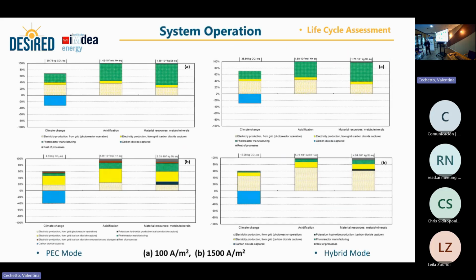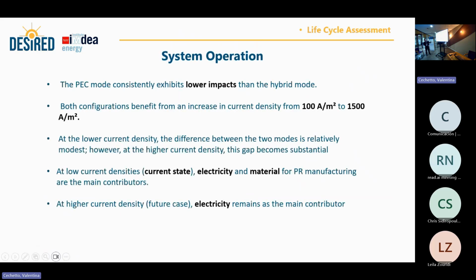But when we move to the operation, we have the same indicators: the climate change, the acidification and material use. We are presenting the results again for two different modes, the PEC mode and the hybrid mode, and at two different states of the technology, the current state and the future state, 100 and 1,500 ampere per meter square. So here we have the hotspots.